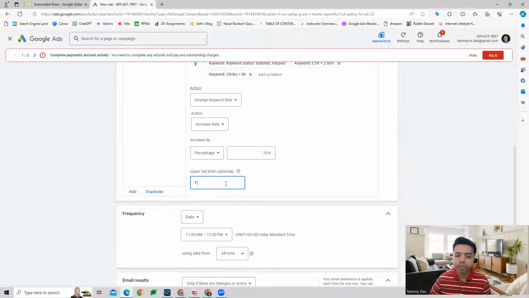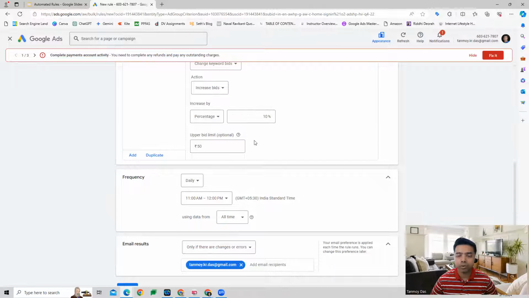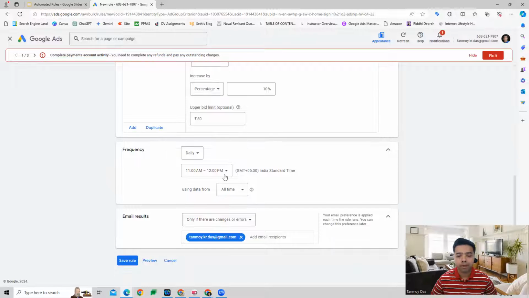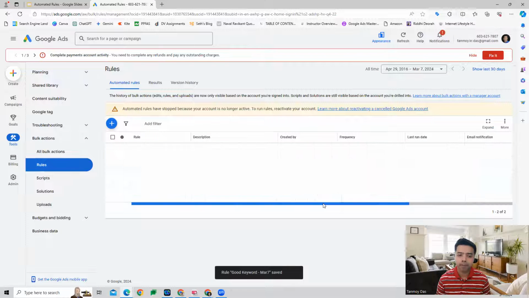So you can set the upper limit also out here in this manner. Once you create the rule, you can see the frequency as well. The rule will check this on a daily basis on the account, and whichever keywords meet these criteria, the action will be taken on those keywords accordingly. So this becomes one rule which we have created for our good keywords.